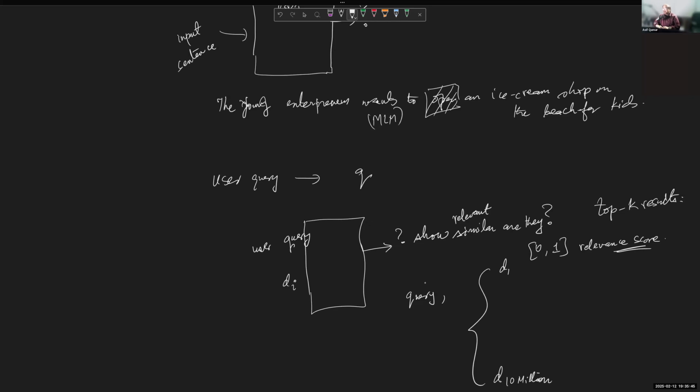Do you see how intuitive it is? If you could make a machine tell you how similar or relevant the document is to the query with a relevance score, that is it. Now you need to compare it to every other document, sort it, and pick the top K. This is actually something that the search engine giants began to do in 2018 or prior to that.